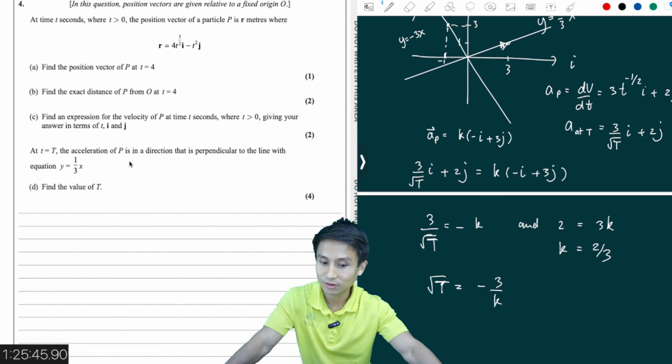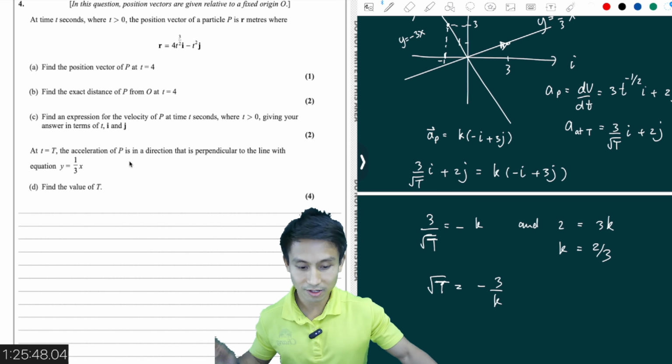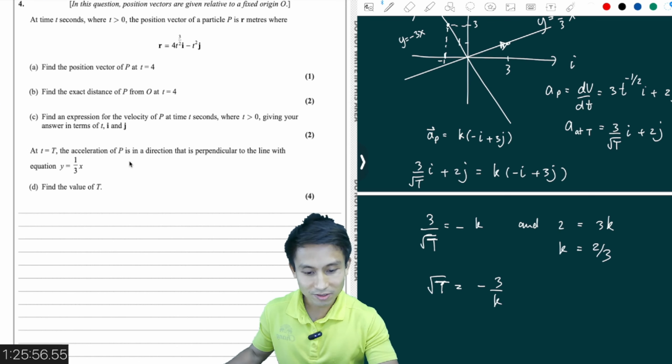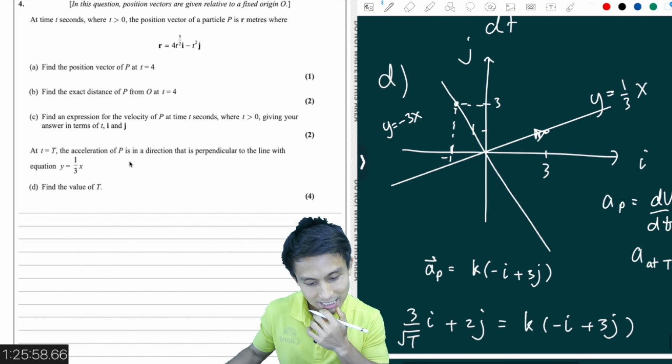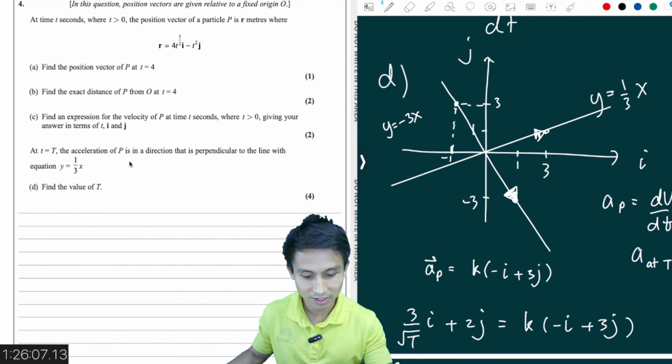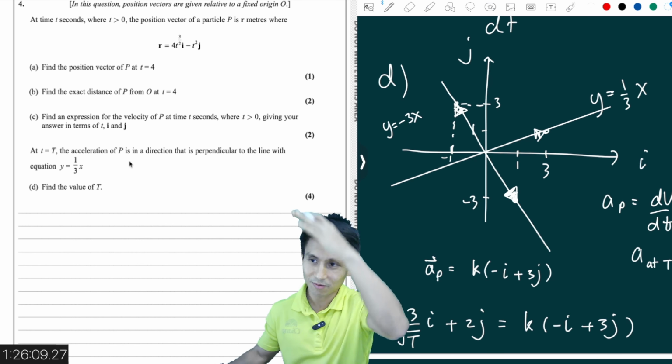Hang on. Okay, wait. I forgot to consider the fact that this can also be 1 and minus 3 down here. It can also be this vector. It can be either way.